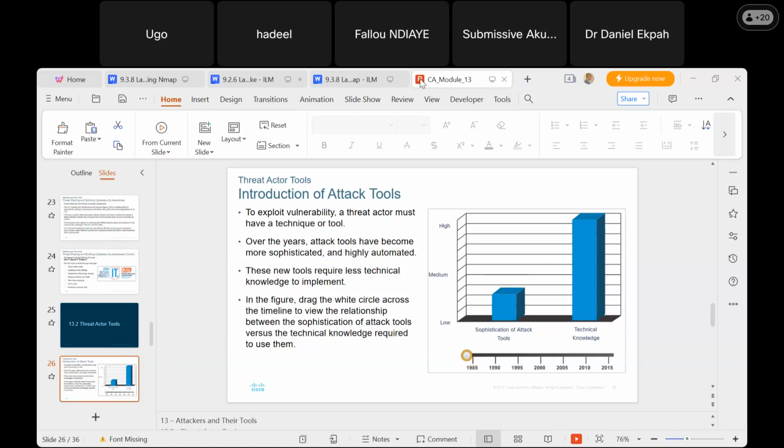But at the same time, we have artificial intelligence, for example, like ChatGPT, which can also give us knowledge to use it in a wrong way.